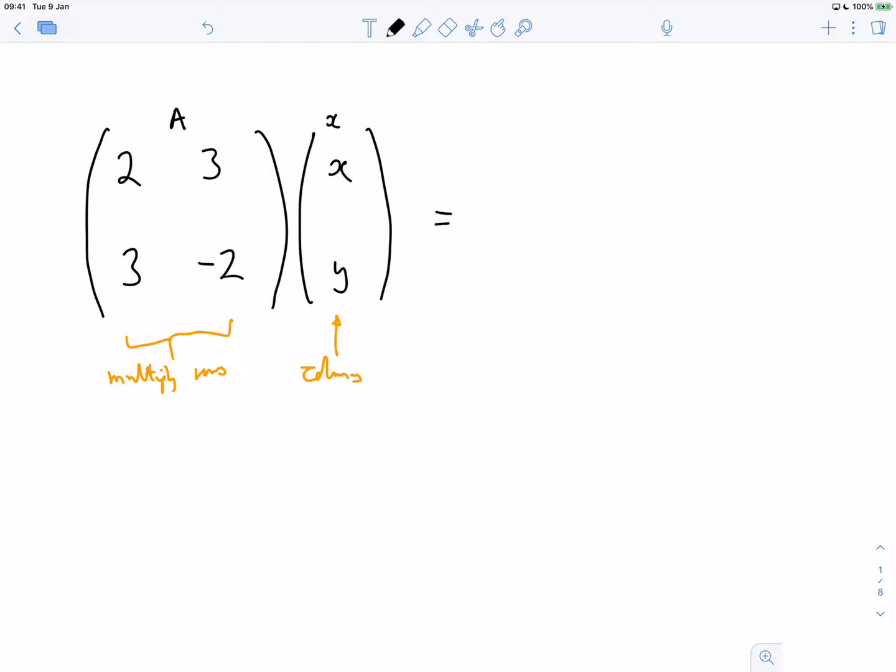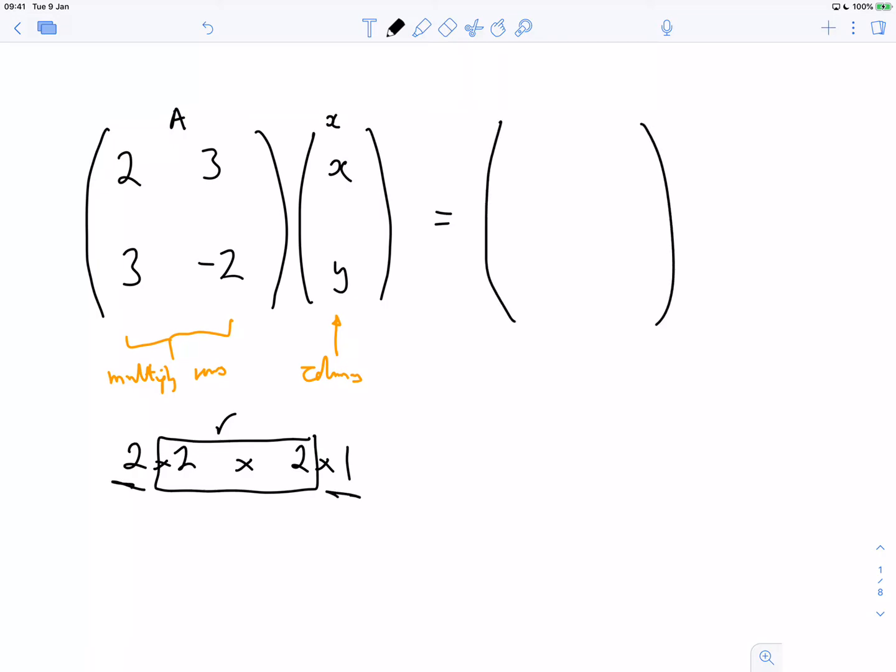The first thing I'm going to do is check the dimensions. I've got a 2 by 2 and I'm multiplying that by a 2 by 1. So that works out, and it's going to output a 2 by 1. So I'm already anticipating a 2 by 1 matrix. I'll call this A11 because that's first row, first column. And this one down here is A21, which means second row, first column.